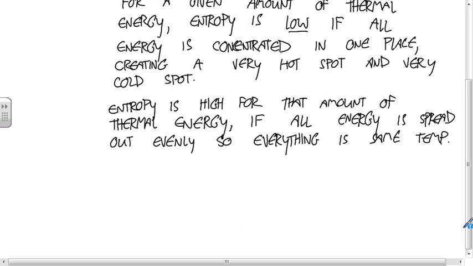On the other hand, if the entropy is high and everything's the same temperature, in order to make a heat engine do anything, you need a temperature difference between the hot spot and the cold spot. So even though these two things could have the same amount of energy, remember that we calculated early on, there's this big amount of thermal energy just sitting here in the air, right?